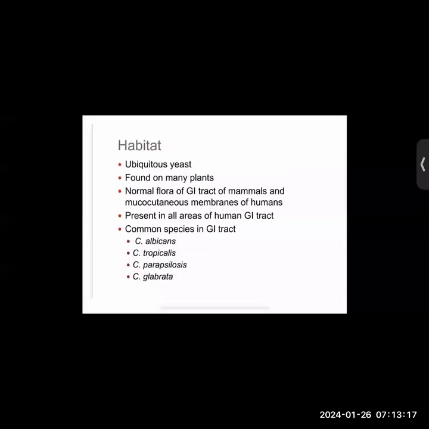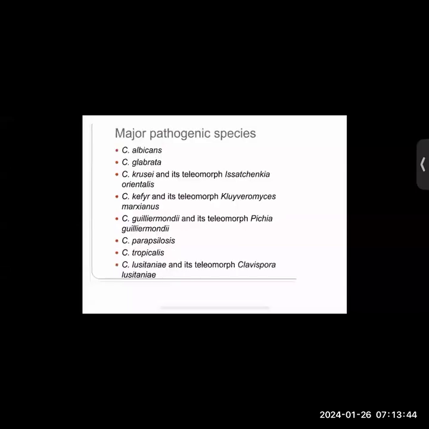Next slide. The habitat is important for us to know. It is a ubiquitous yeast found on many plants. It is normal flora of the GI tract of animals and the mucocutaneous membranes of humans. It is present in all areas of the human GI tract. The common species of the GI tract are Candida albicans, tropicalis, parapsilosis, and glabrata.